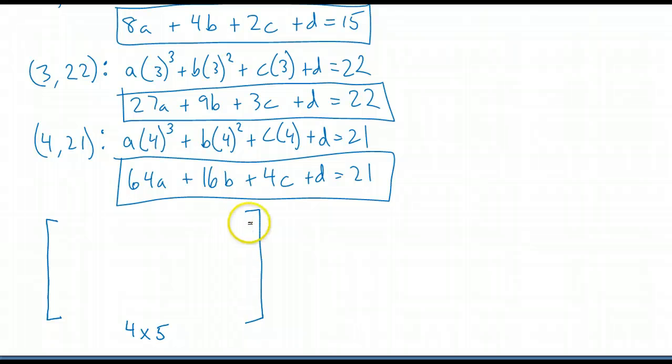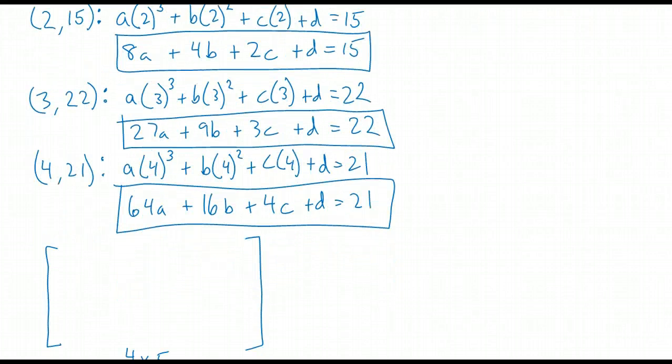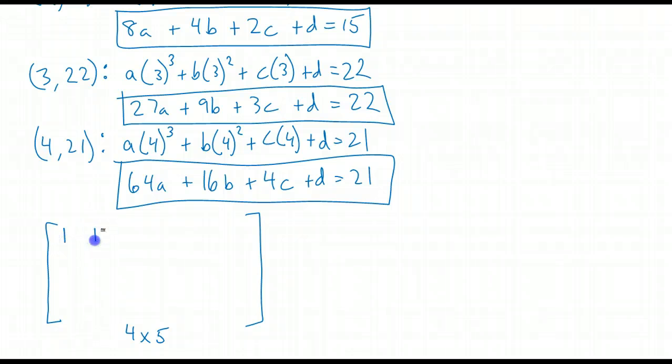So my first row will be my first equation, but it's going to be the coefficients of all my variables with my answer. So it's going to be 1, 1, 1, 1, a, b, c, d, and then my answers. And then my second row is going to be my second equation: a, b, c, d, my answers.